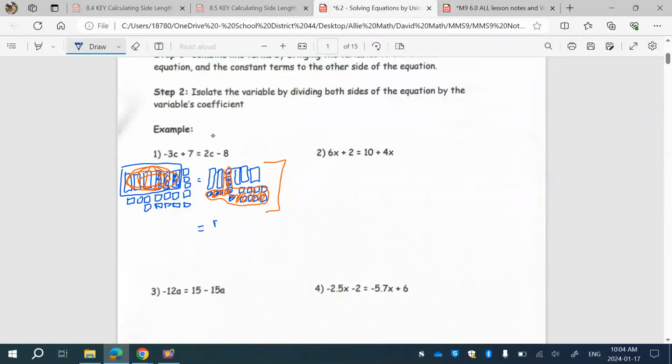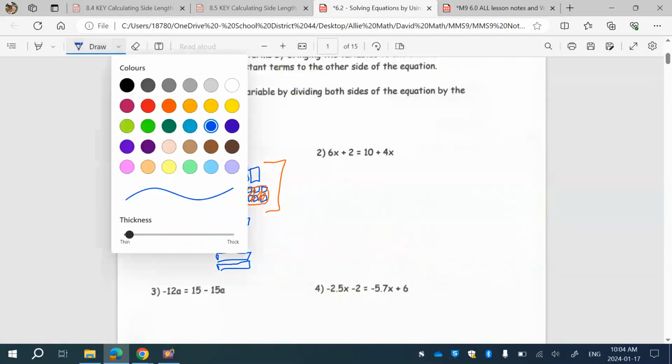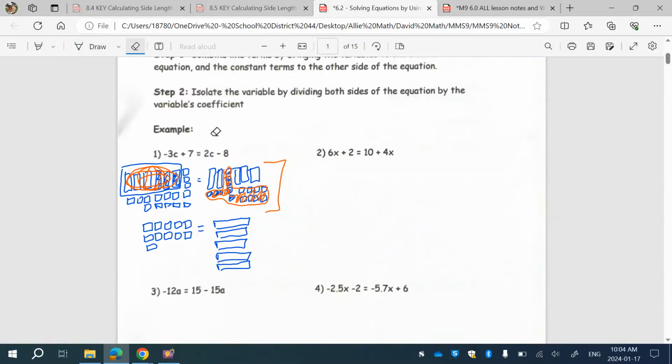So I'm going to draw it like this. 1, 2, 3, 4, 5. And now we have 15 over here. Oh, sorry, I should be doing 3 in each row. That's my bad.